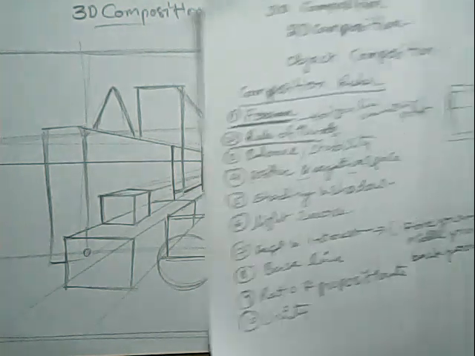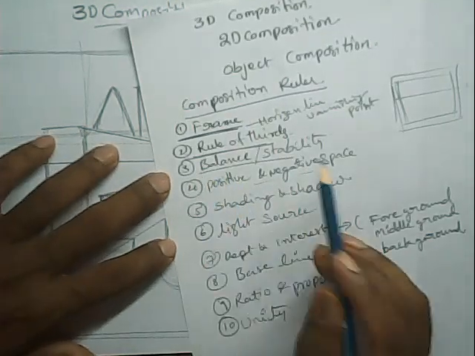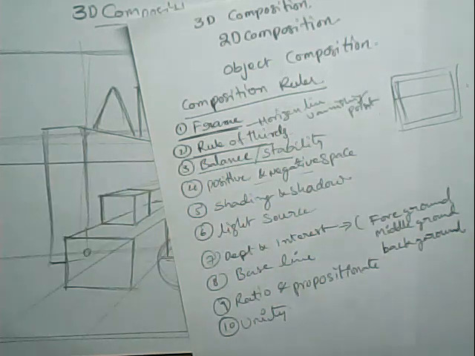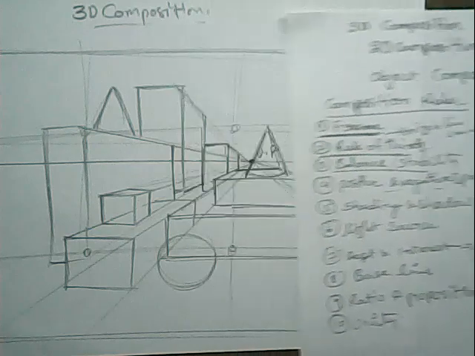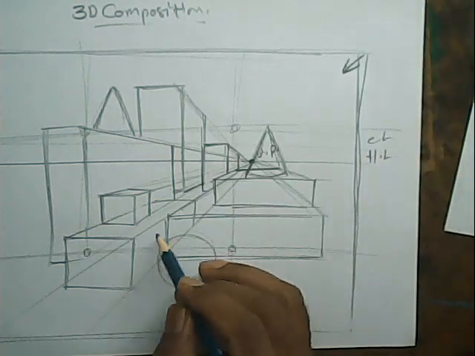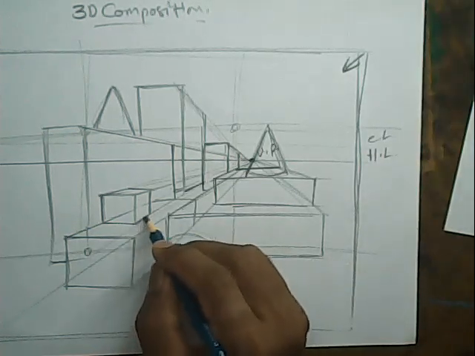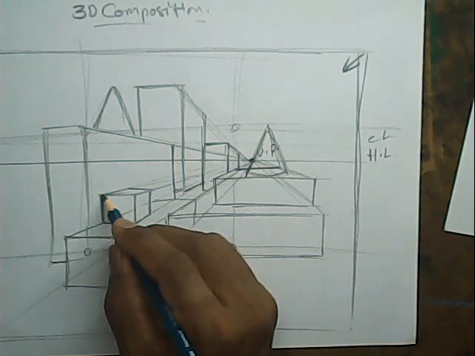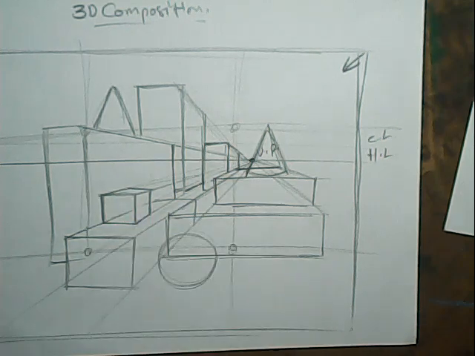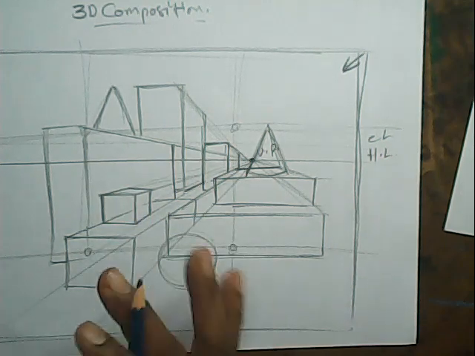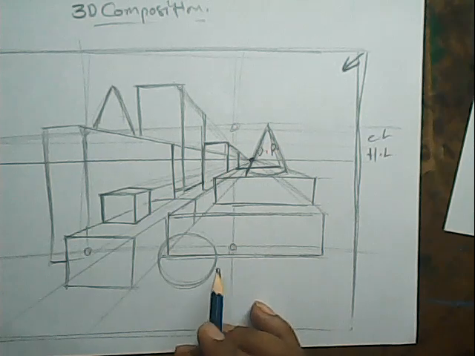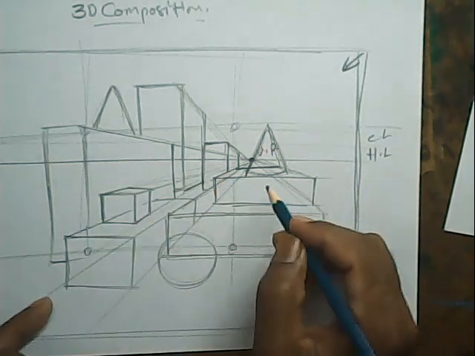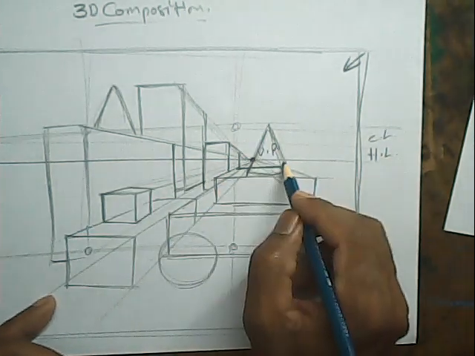The next point is balance, or stability. What does balance or stability mean? Here you can see one cube, which is perfectly stable. That means it won't fall here and there. It is well balanced, and this one also is well balanced.